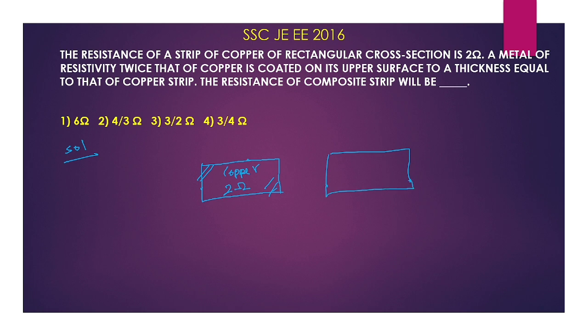A metal of resistivity twice that of copper. That is, the resistance of copper is 2 ohm, so twice that of copper is 4 ohm. This metal having a resistance of 4 ohm is coated on its upper surface of a thickness equal to the copper. That is, this metal is coated upon the copper. So this is the copper, and upon this copper, a metal is coated.